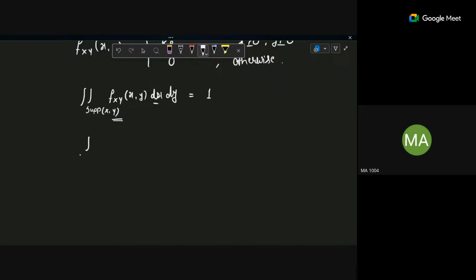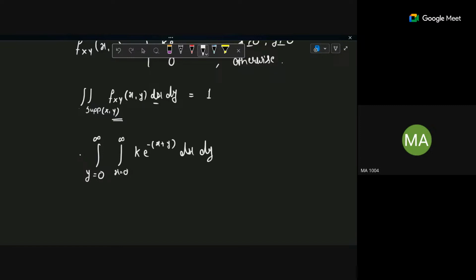That means the inner integral sign has the limits for x, and the outer integral sign represents the limits of y. So y is equal to 0 to infinity, and the inner limit x is equal to 0 to infinity, of k times e to the power minus (x plus y) dx dy.